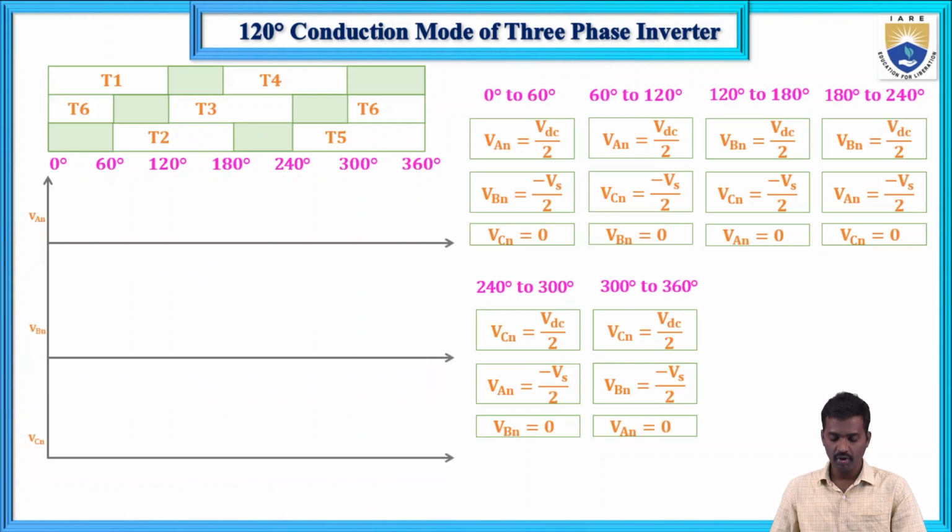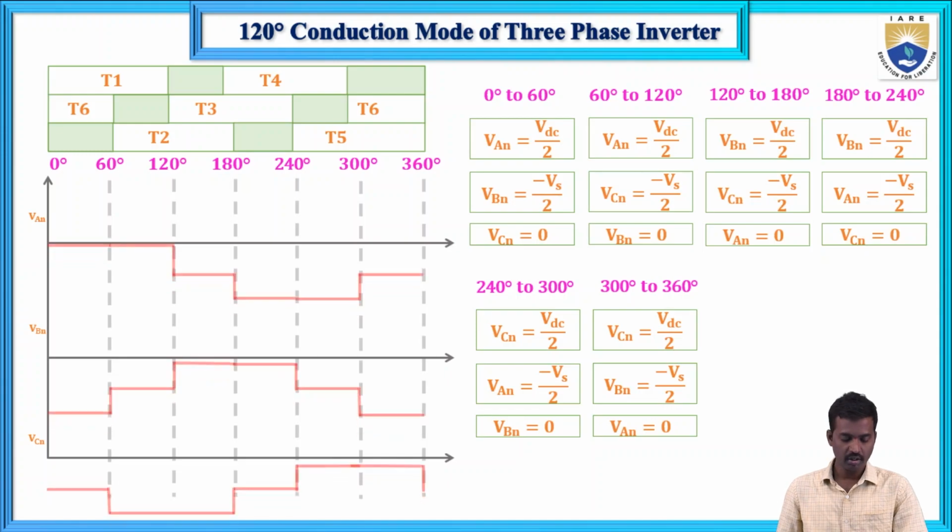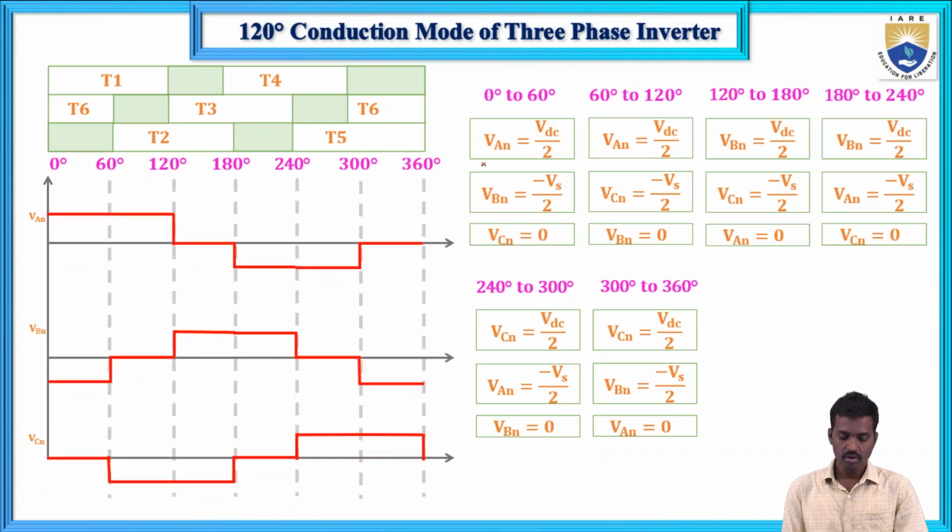Now VAN value is VDC. The durations I will mention here: these are the durations 60, 120, 180. So according to these phase voltages, we can draw the voltages. Now if you see this waveform carefully, VAN is VDC by 2. This is VDC by 2.